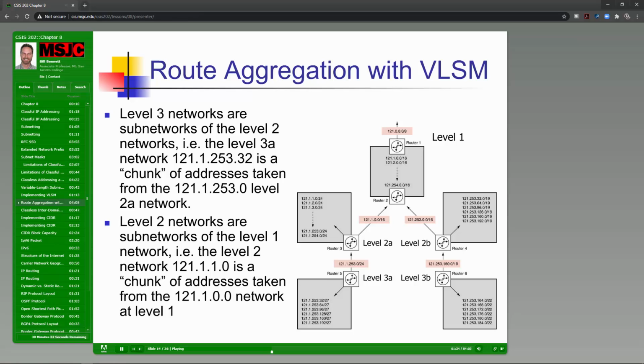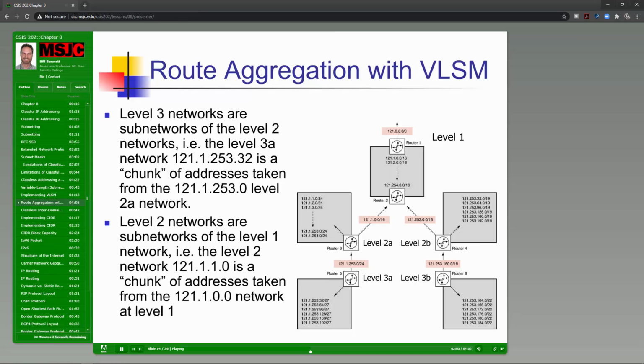If you go back to the previous graphic when we were taking it from the top down, we're just working from the bottom up now. But so you can see we've got that 121.1.253, 32, 64, 96, 128, 160, 192 in the bottom left-hand box there. So all of those can be aggregated together as one address entry in a router's routing table as 121.1.253.